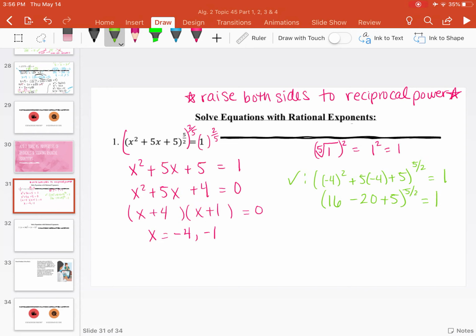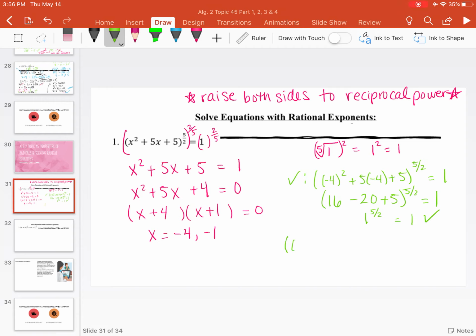If we simplify in our parentheses, 16 minus 20 is -4, plus 5 is 1. So 1 to the 5/2 power is 1. Again, that's the same thing as saying the square root of 1 raised to the 5th power, which is in fact 1.